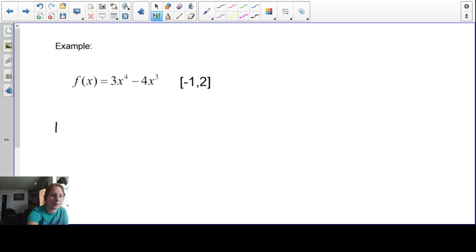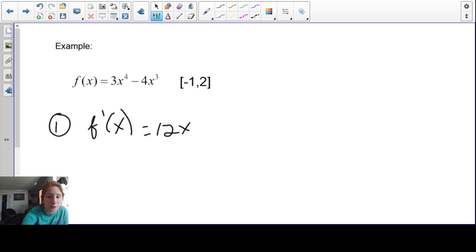First steps first, it tells me to find the critical points. So I start by taking the derivative. So the derivative of the thing above, I don't have to multiply anything through. It makes it nice for me. It's 12x cubed minus 12x squared.